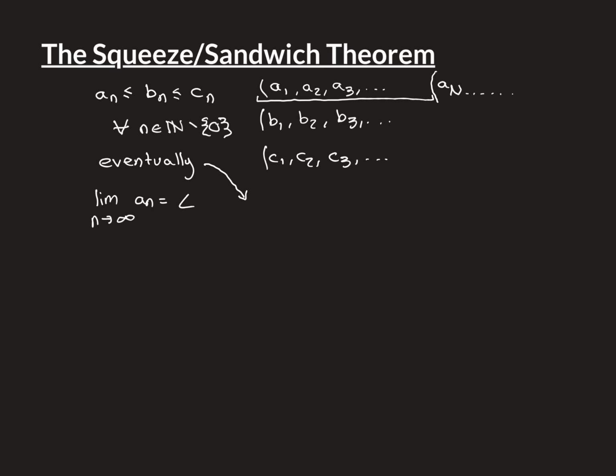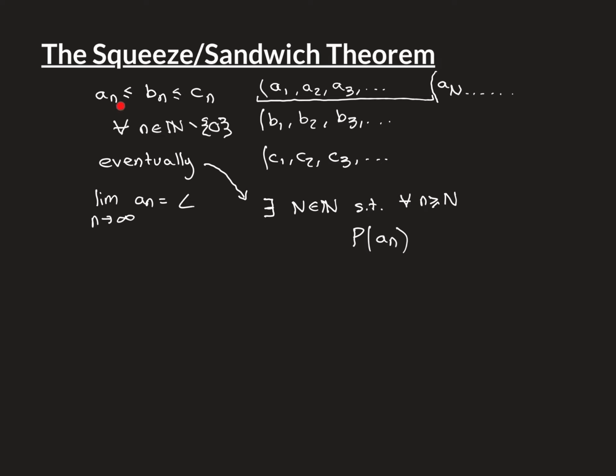What this means, if a property is eventually true for a sequence, is that there must exist a big N, an element of the natural numbers, such that after that big N, so for all little n greater than or equal to big N, that property holds true, that predicate holds true for the terms of the sequence. So I suppose formally we could write predicate P, meaning our property, holds true for an.